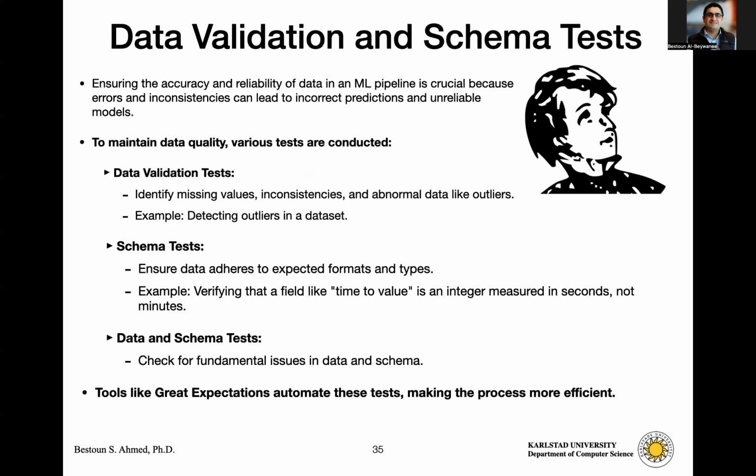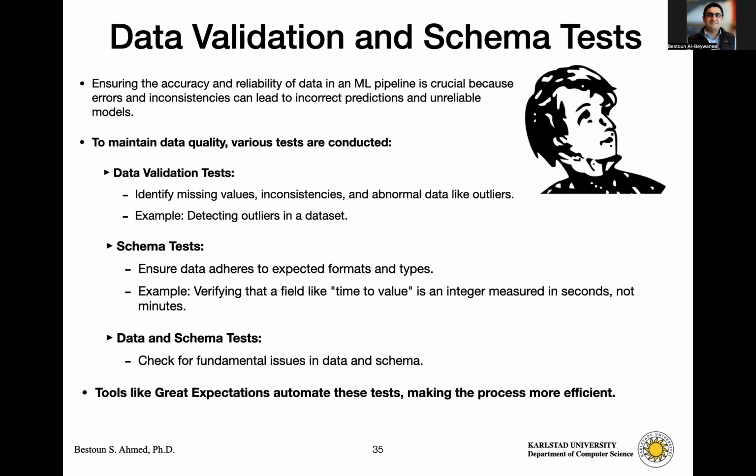Another thing we have to do during this deployment and testing of the pipeline and development is data validation and schema test. Data validation means, for example, if there are some errors in the data, identifying missing values or abnormal data like outliers.